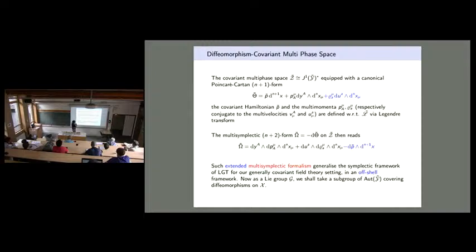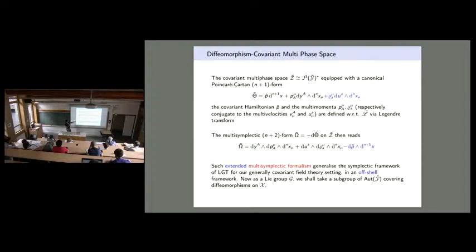So this extended multi-phase space description is then realized at the level of the cotangent bundle, which is now characterized by this extended n+2 form. This is the first brick, the first step of our construction.